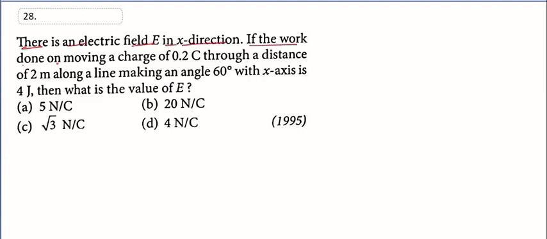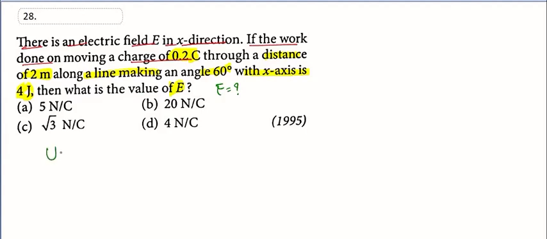The work done in moving a charge of 0.2 coulomb through a distance of 2 meter along the line making an angle 60 degree with the x-axis is 4 joule. What is the value of E? So let's see the solution for the problem. You have to find out the electric field.